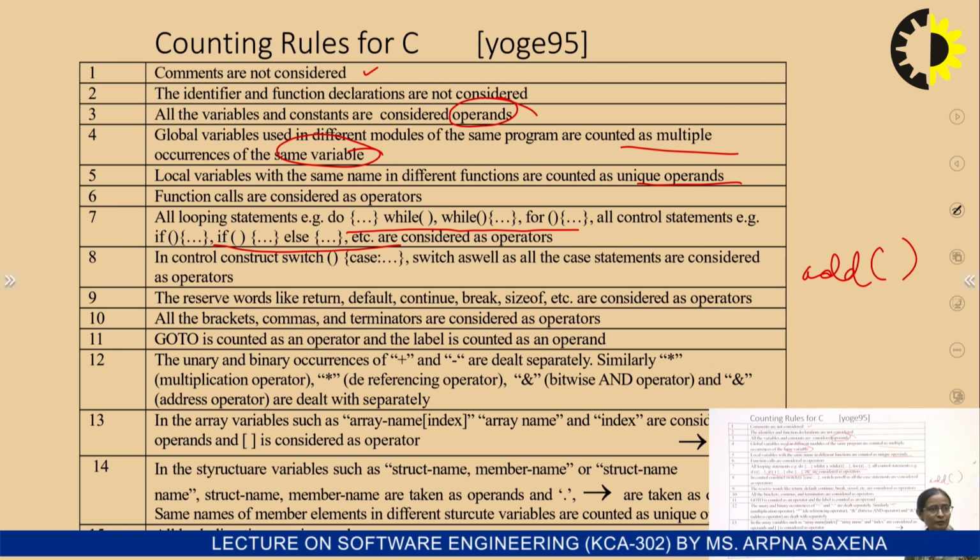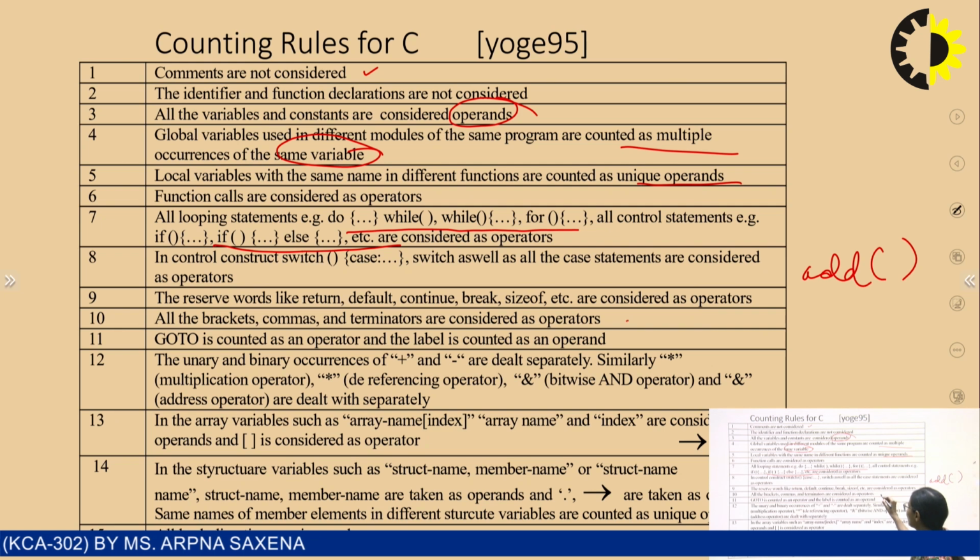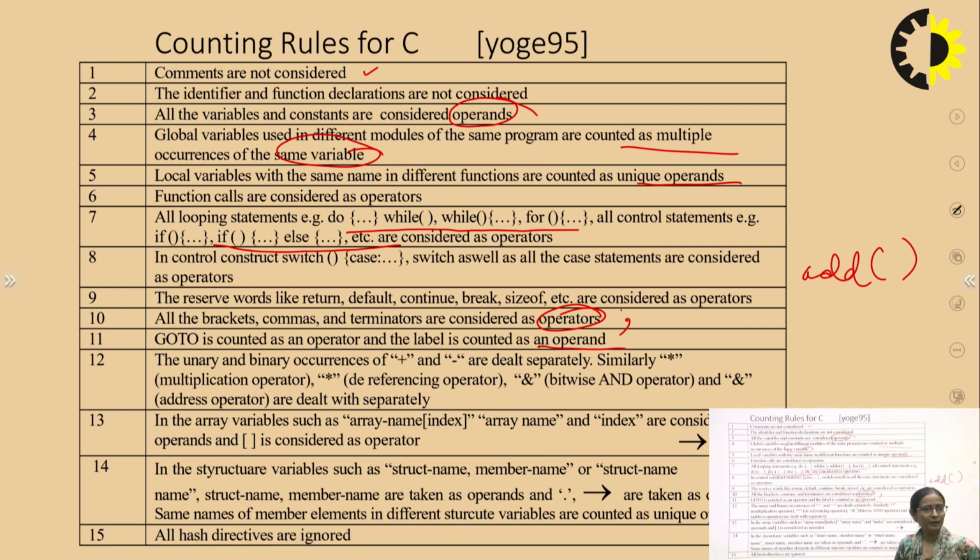Reserved words like return, default, continue, break, sizeof are operators; in C, there are 32 reserved keywords. All brackets, commas and terminators, that is the semicolon, come under operators. Goto is counted as an operand. Unary and binary mathematical operators and logical operators are again termed operators.